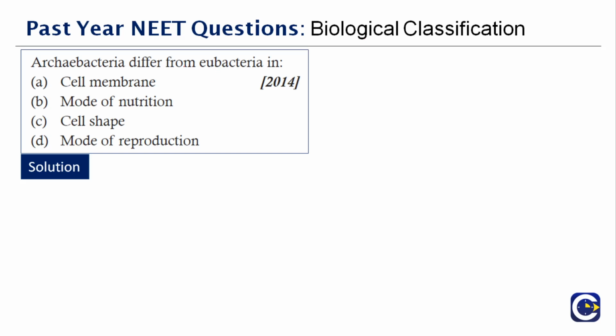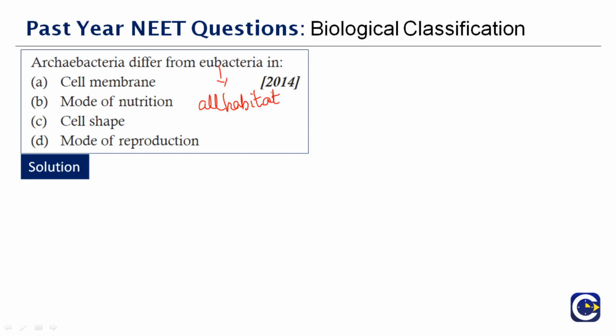So that's the main difference. Eubacteria is found in all habitats. If you ask me whether they can survive in extreme conditions, not very much, but they can survive in any normal conditions, while archaebacteria can even survive in extreme conditions.